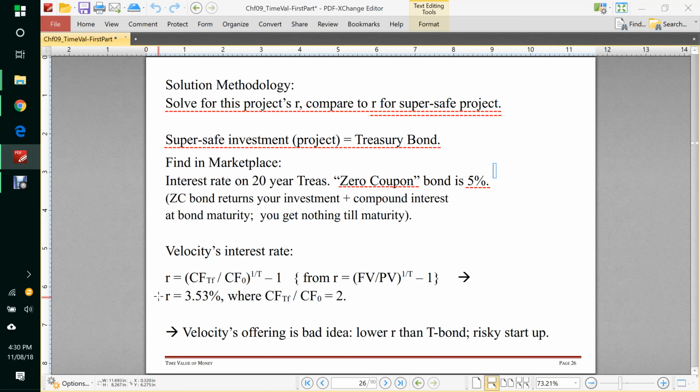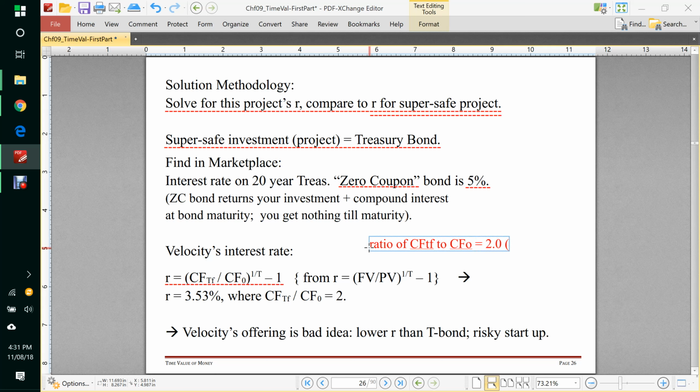So let's find out. Okay, we're just going to solve for the interest rate, take the fundamental time value formula, solve it for interest rate, and plug in. Okay, and what do we know here? We do know that the ratio of CF TF to CF 0 is equal to 2.0.